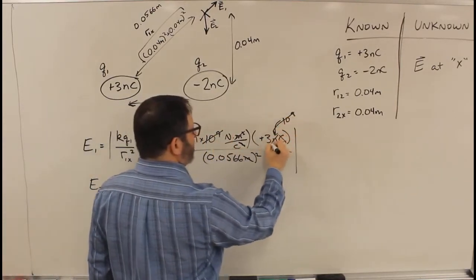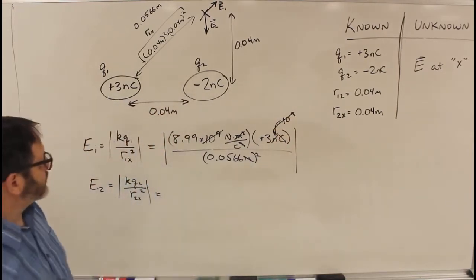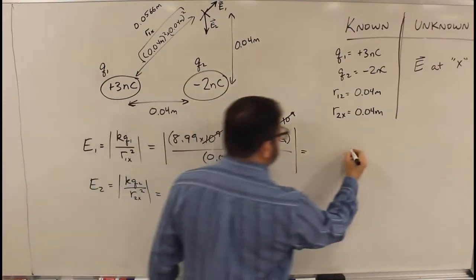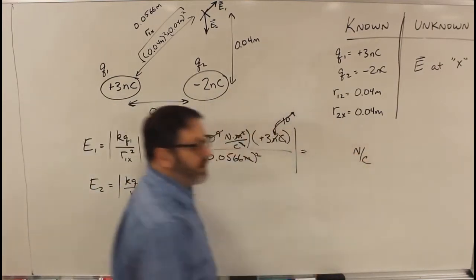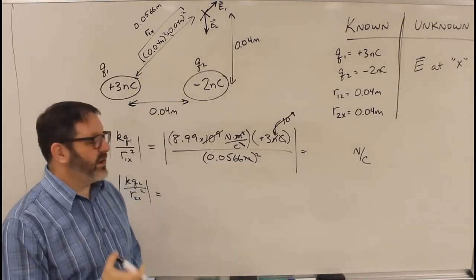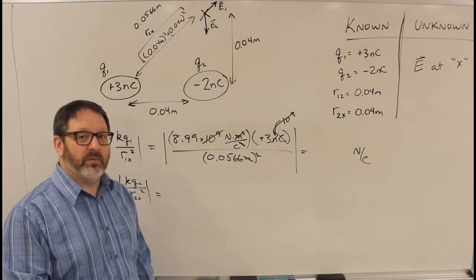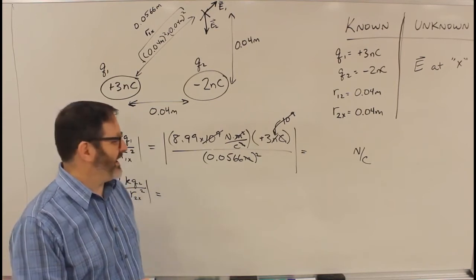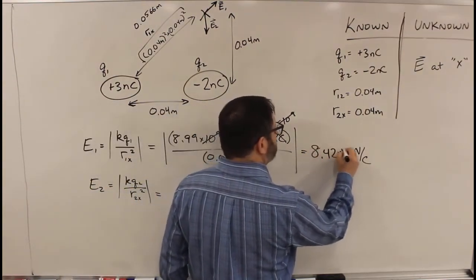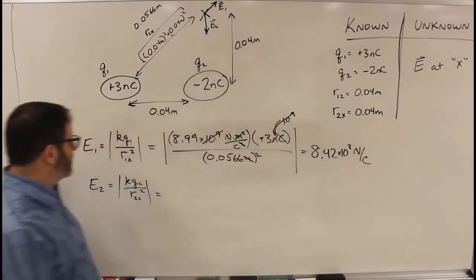So that this nano goes away now. And so the units we're left with are newtons per coulomb. That is one of two acceptable SI units for the electric field. The other one is volts per meter, but we haven't gotten to volts yet, so that'll be later. 8.42 times 10 to the 3rd newtons per coulomb.